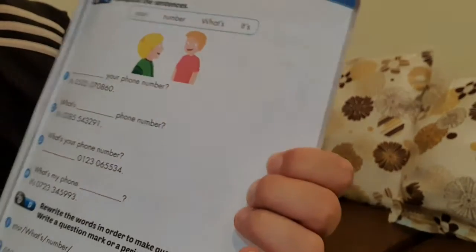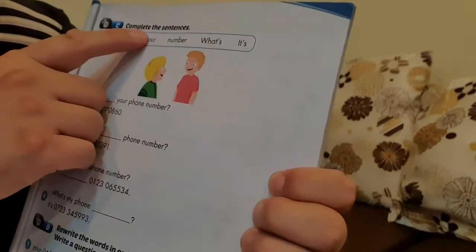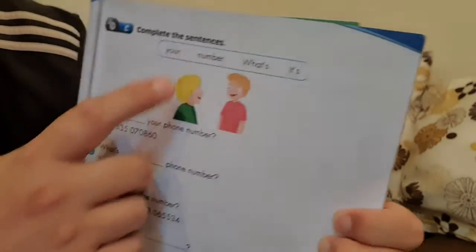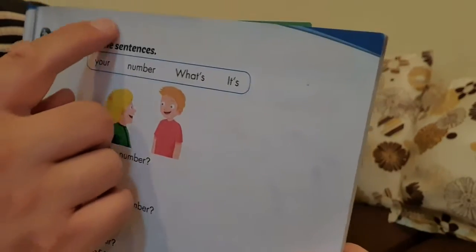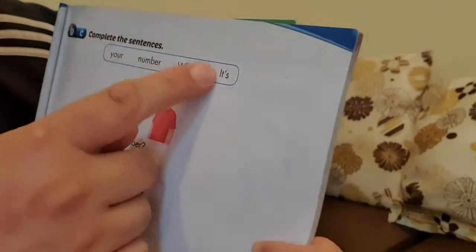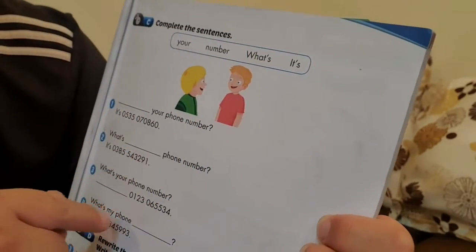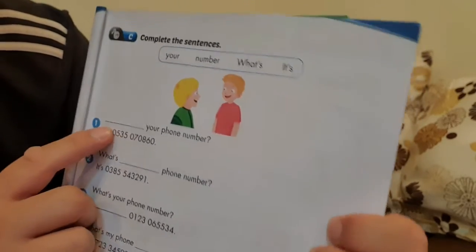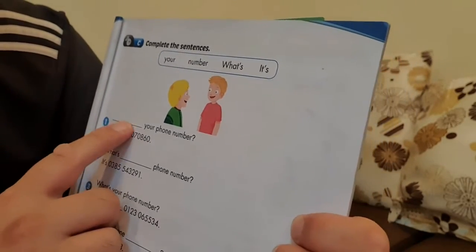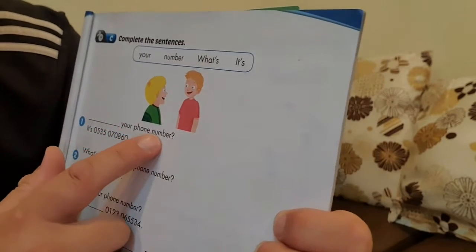And then let's go to page number 5. So complete the sentences. Okay, so these sentences are not complete. You need to use one of these words to put in these sentences to complete the sentences. Okay, so number 1, blank, your phone number.